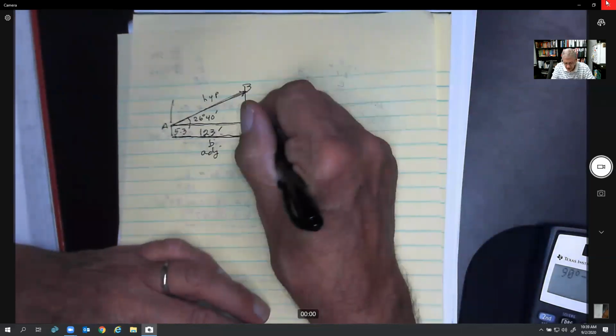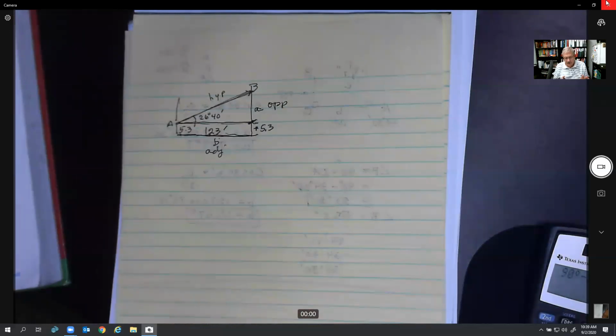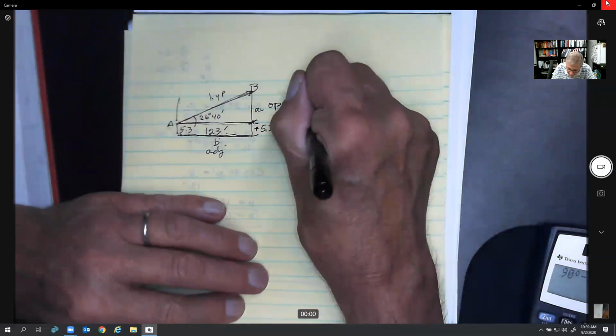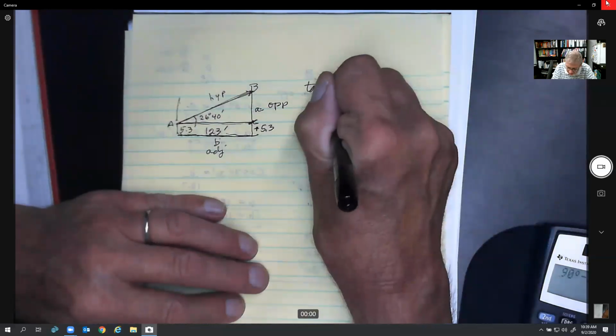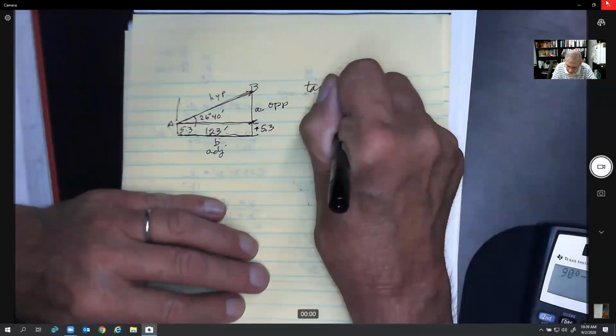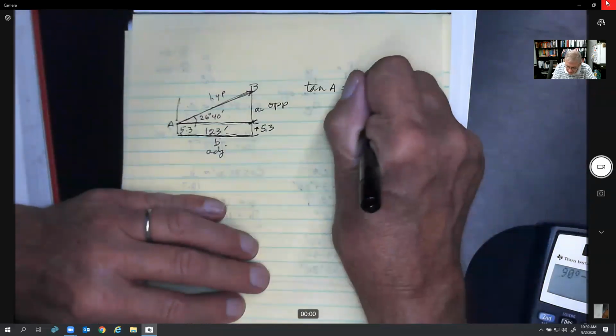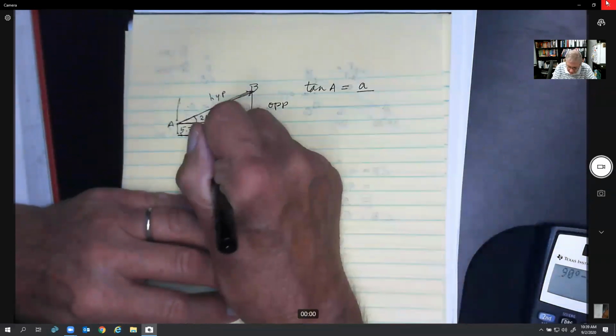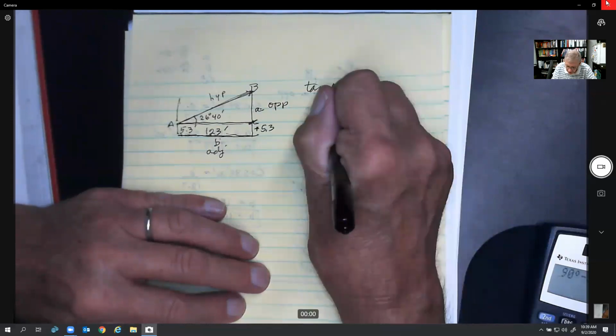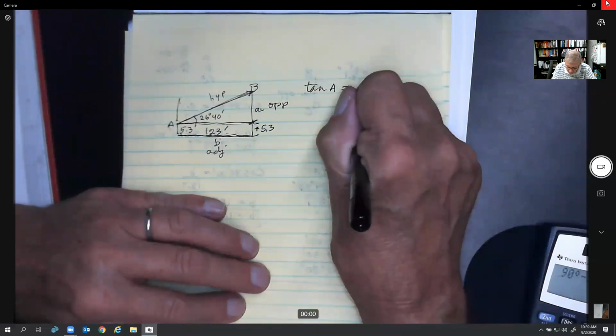So I'm going to use opposite over adjacent. What is that? That's the tangent. The tangent of angle A is equal to the opposite over the adjacent, 123. We'll put B here.